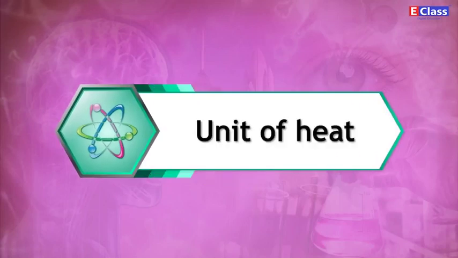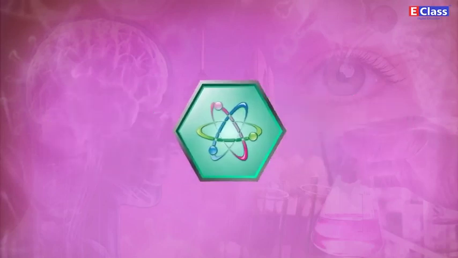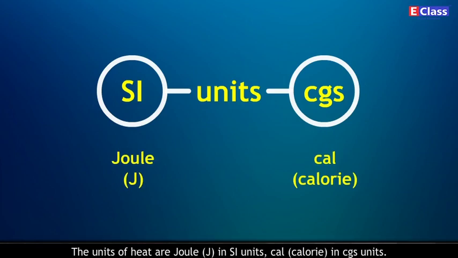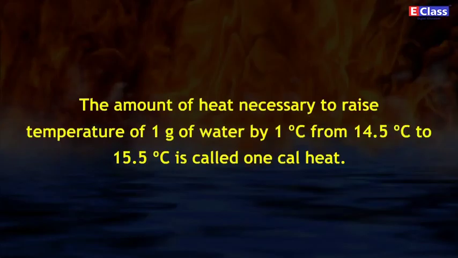Unit of heat. The units of heat are joule, J, in SI units, and calorie in CGS units. The amount of heat necessary to raise the temperature of 1 g of water by 1 degree Celsius, from 14.5 degrees Celsius to 15.5 degrees Celsius, is called 1 cal heat.